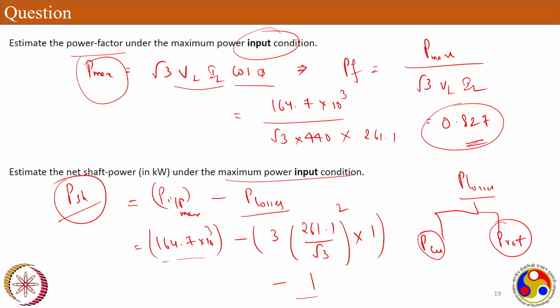I got 95.525 kilowatt. I hope you got the same. 95,525 watt. It is 95.52 kilowatt. So this is the net shaft power in kilowatt under the maximum power input condition.